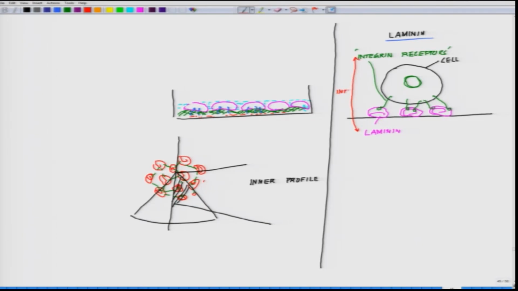Here is the interaction profile. This interaction helps the cells to attach to the laminin surface.